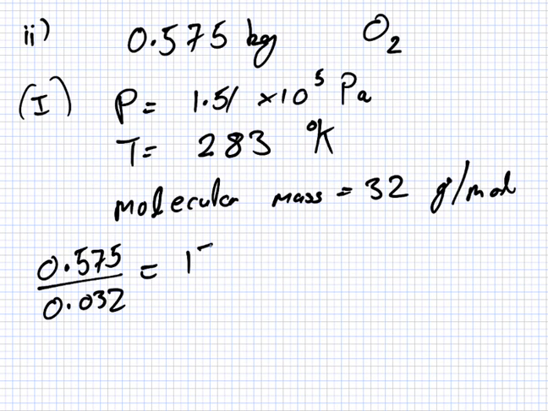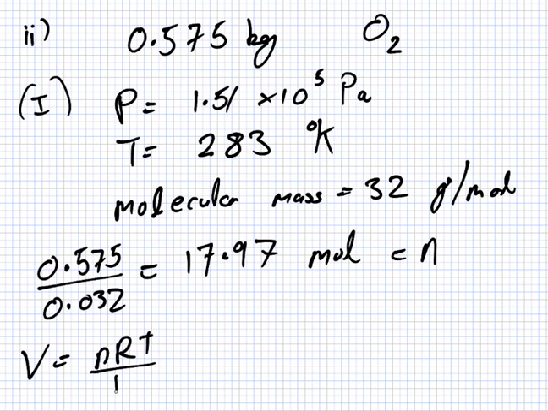So I have 17.97 moles. That's my n. Okay, now PV equals nRT, so nRT over P is the V. R is on the calculator as well, isn't it? 8.31. And the temperature is 283. And then the pressure is 1.51 times 10 to the power of 5. So I got a volume of 0.28 meters cubed.